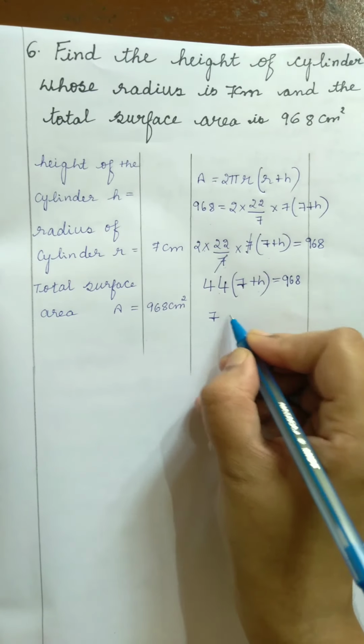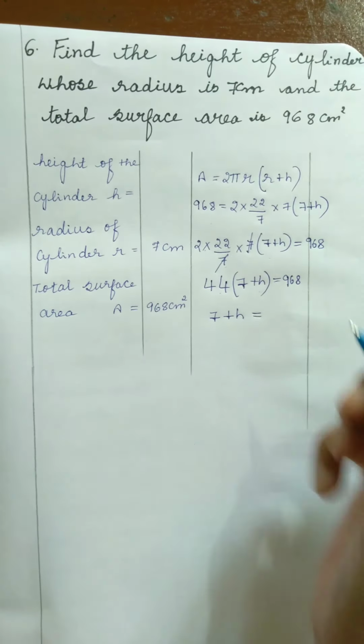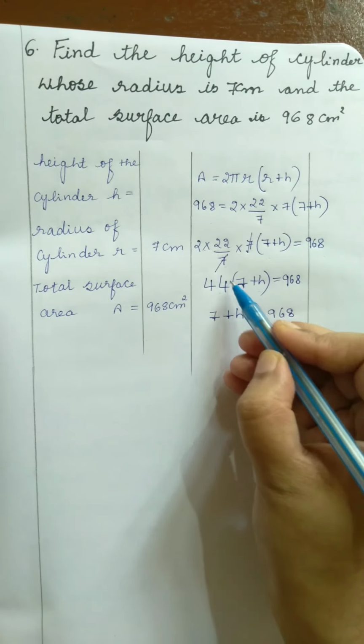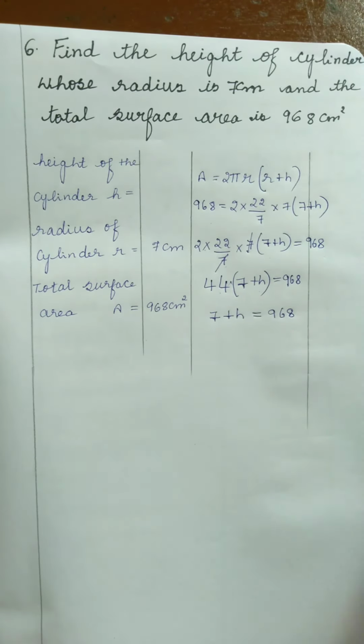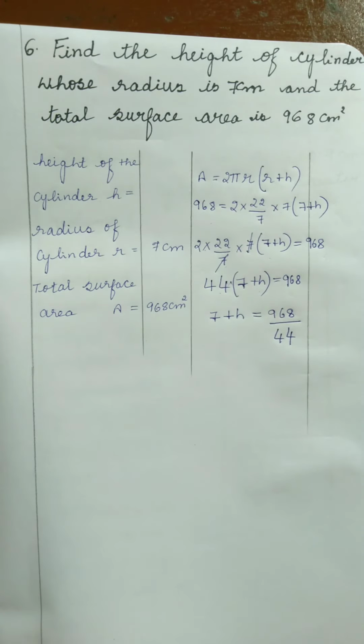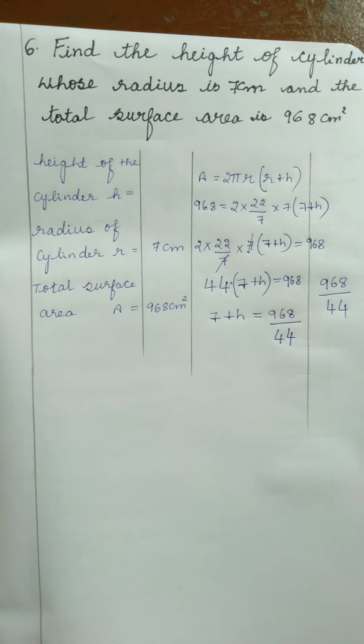Therefore, 7 plus h is equal to 968. Since you have multiplication, this number coming to the right side becomes division by 44. Divide 968 by 44.